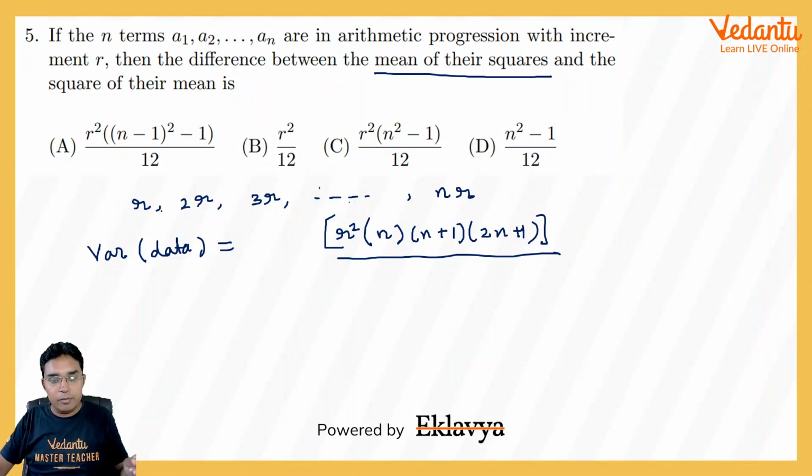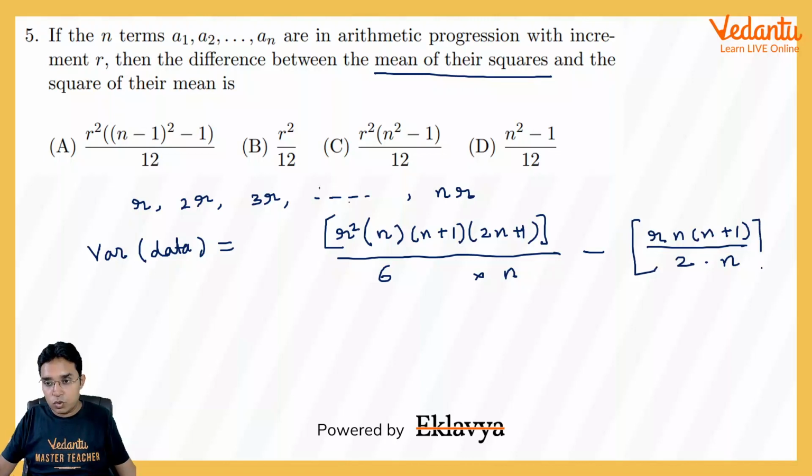And if I have to take the mean of these squares, I will be dividing it by n, because these are n in number. And I will be subtracting the square of their mean. What will be the mean? The sum of all these data will be R common, n into n plus 1 by 2, and for the mean I have to divide by n, and then do the square of this.